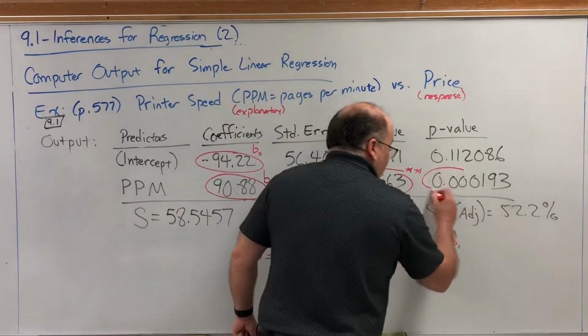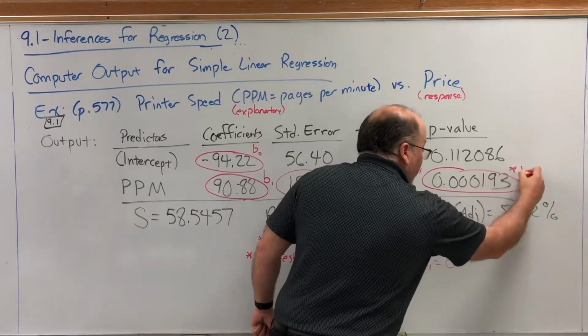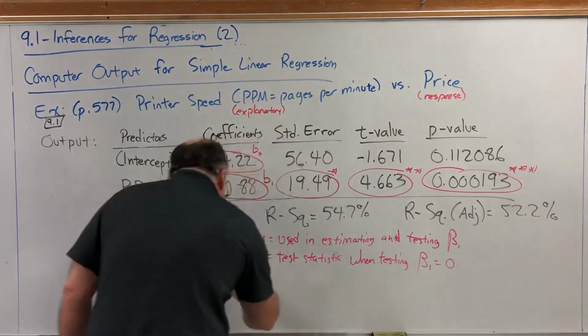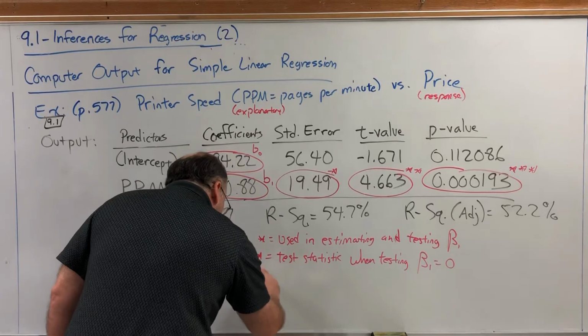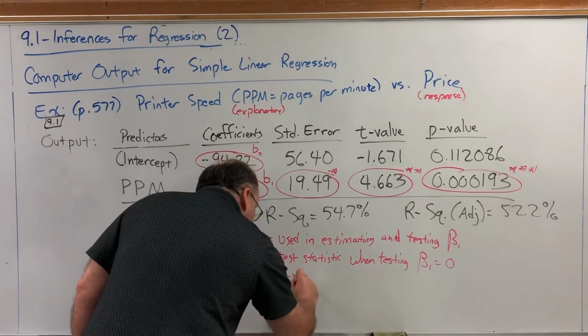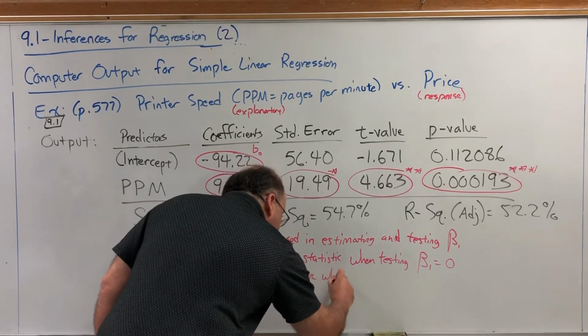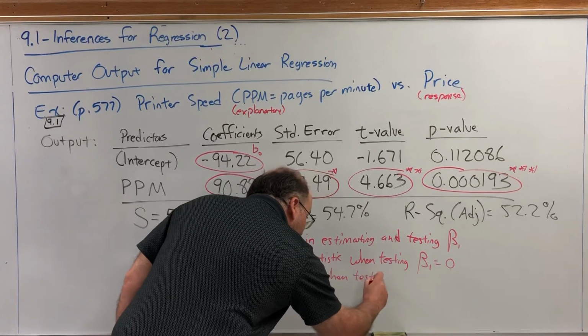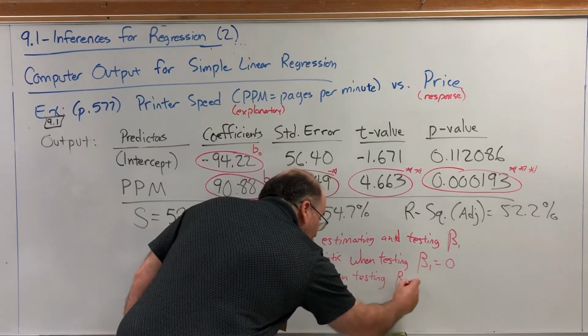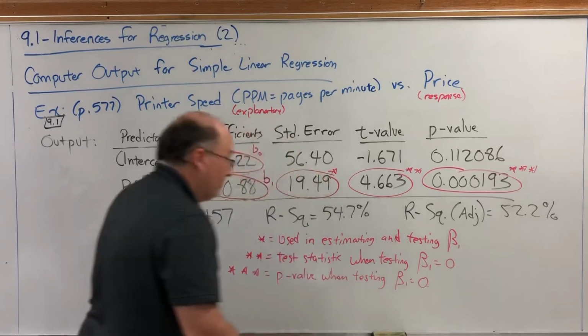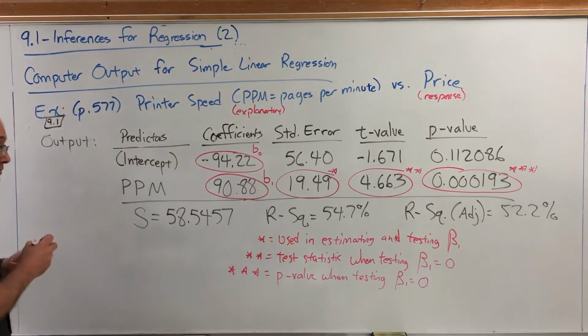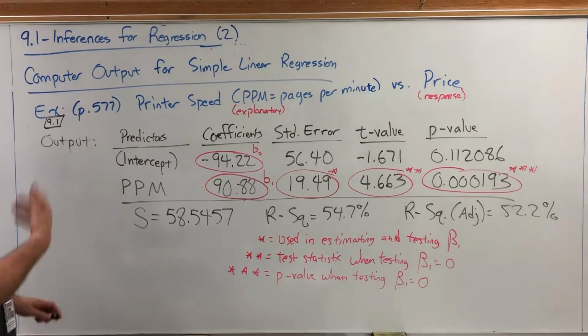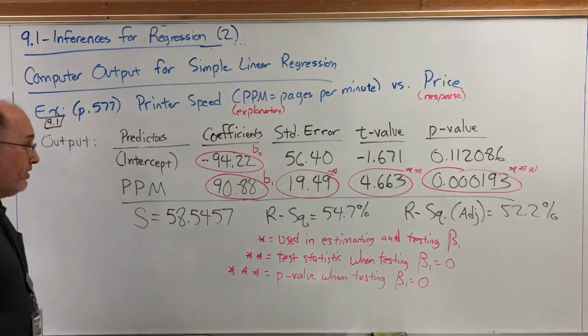And this p-value over here, 3 asterisks, is the p-value when testing beta 1 equals 0. So we don't need the technology if we have the output because we already have our p-value.